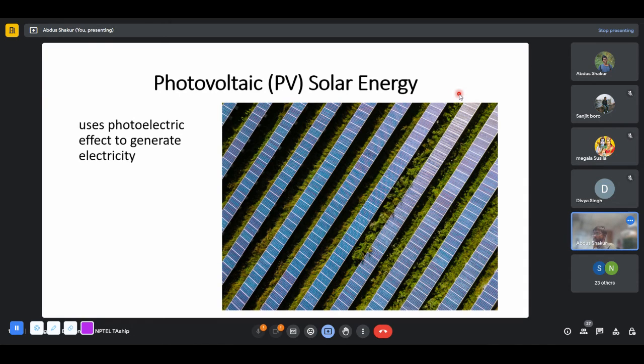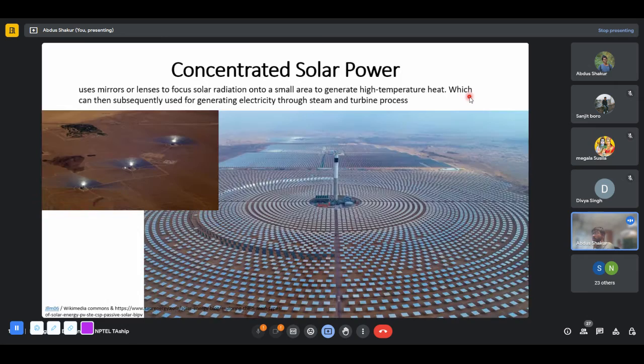If you just put a solar panel on top of your house, it may not be able to give you enough electricity to run all the electrical equipment that you want. So it's really necessary to have these large solar power plants, where you can generate huge amounts of electricity, and then that can be used even for supply to industries, which require much more energy.